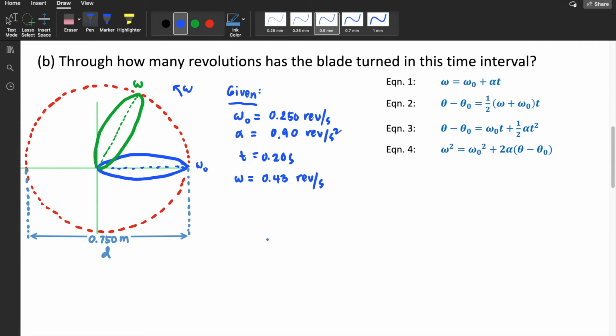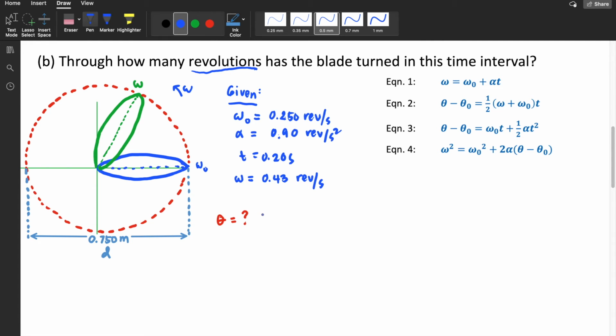Okay, for letter B, through how many revolutions has the blade turned in this time interval? So it's asking for how many revolutions. So one variable has a unit of revolution, and that would be theta. Okay, so it's asking for pila ka angular displacements iyang na-travel for time 0.2 seconds.